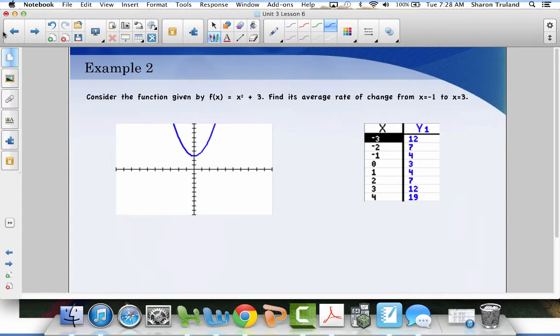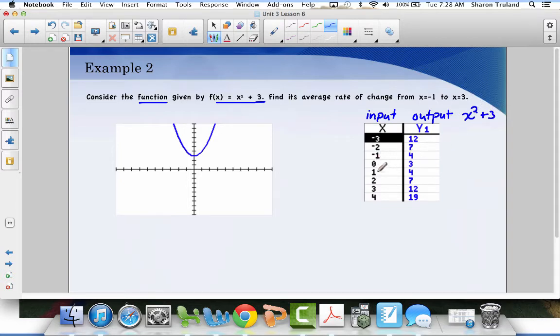All right, so example 2. We have a function and its equation is x squared plus 3. So in other words, when I input an x, we get its output by squaring the x and adding 3.